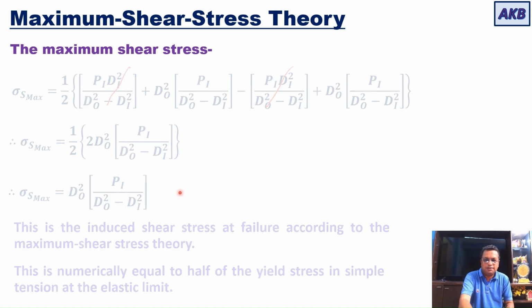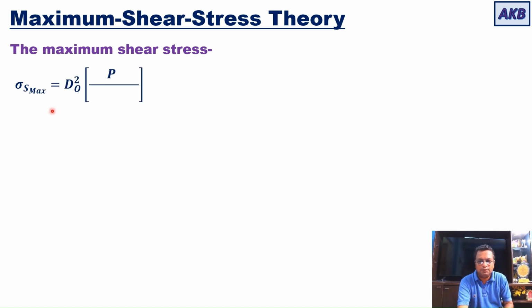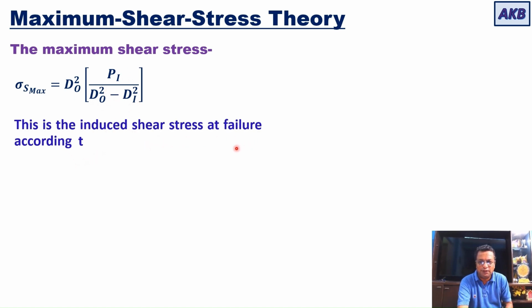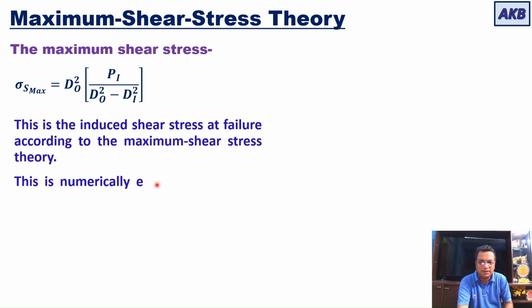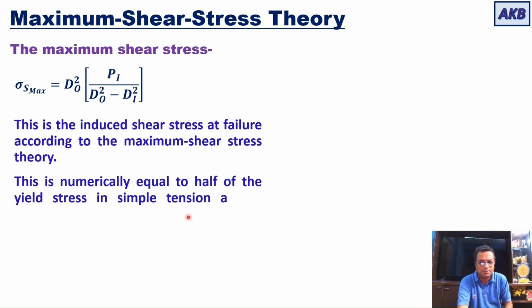So the equation is, we got this sigma S max is equal to do square into pi upon do square minus di square. This is the induced shear stress at failure according to the maximum shear stress theory, and this is numerically equal to half of the yield stress in simple tension at the elastic limit.